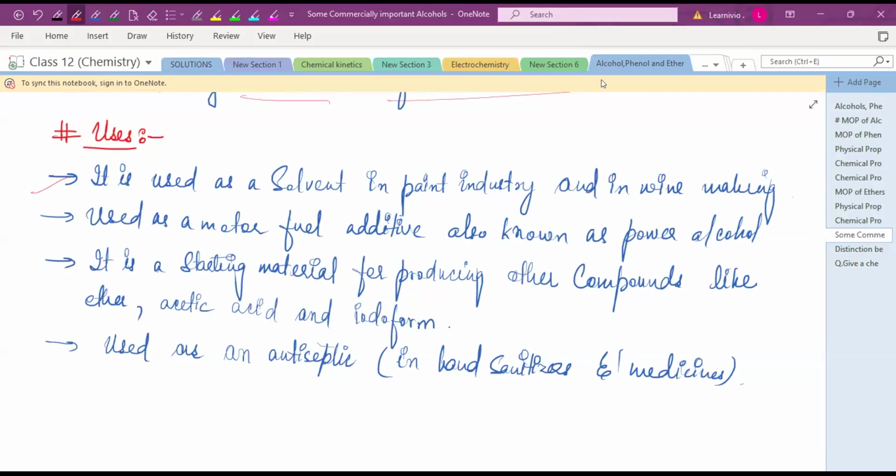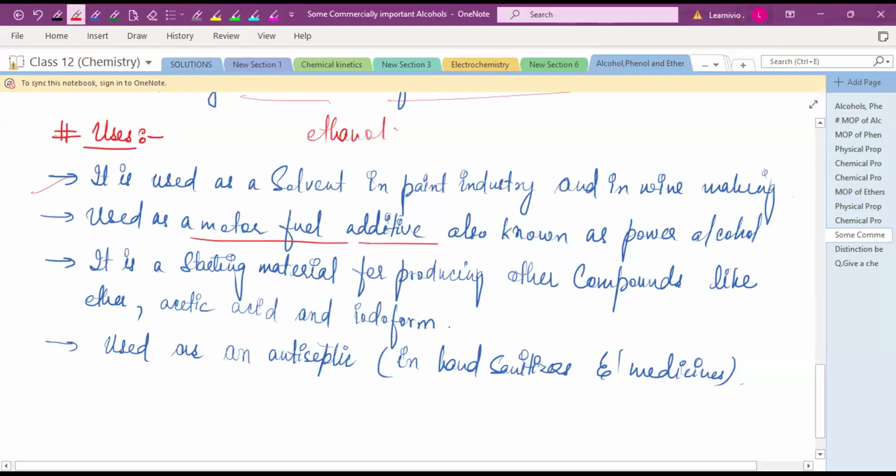Second, we use ethanol as a motor fuel additive, which is also known as power alcohol.